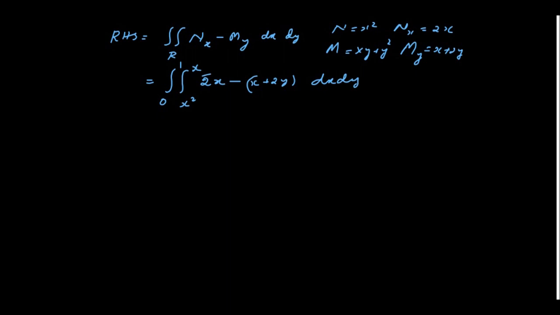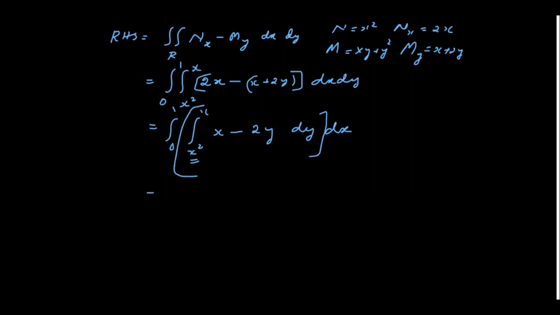So let's find this integral. This is equal to the integral from 0 to 1, integral from x square to x. Let's subtract, and you will get x minus 2y. First we integrate with respect to y, because the limit of integration is with respect to y first, then dx. So let's do this nested integration. This is equal to the integral from 0 to 1.